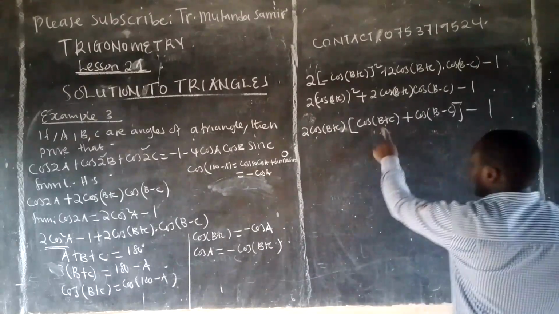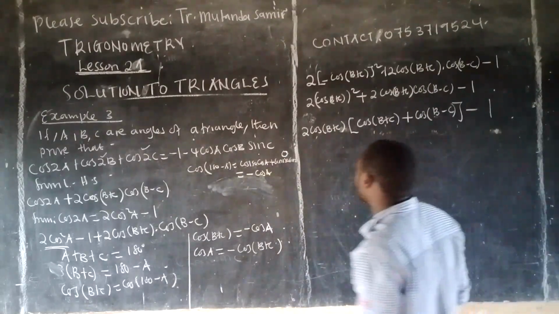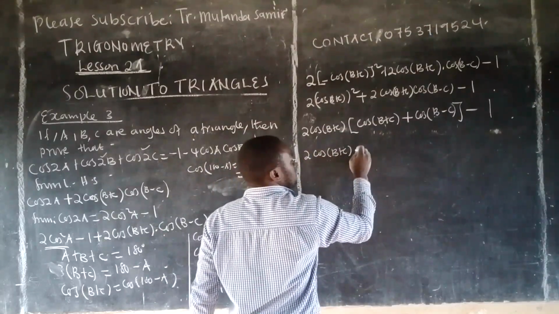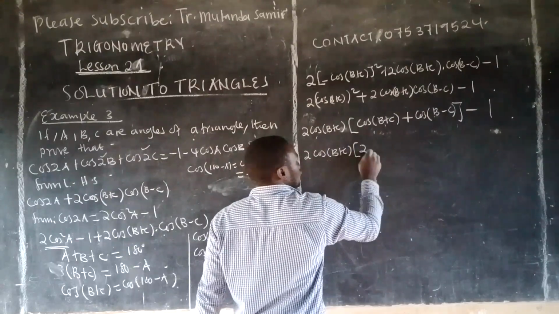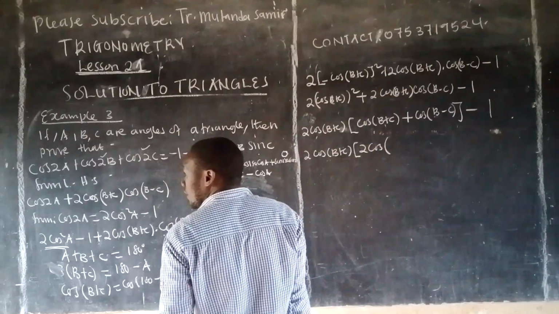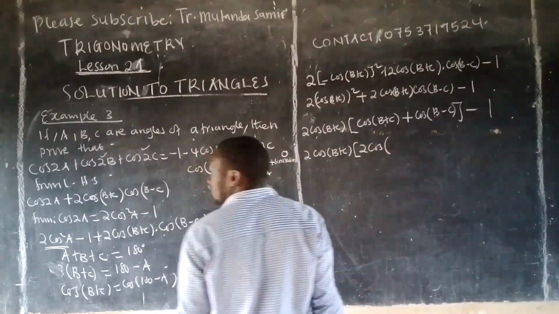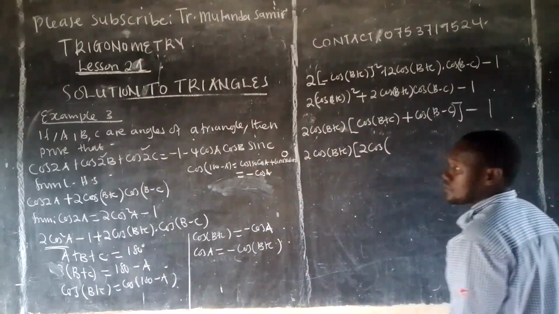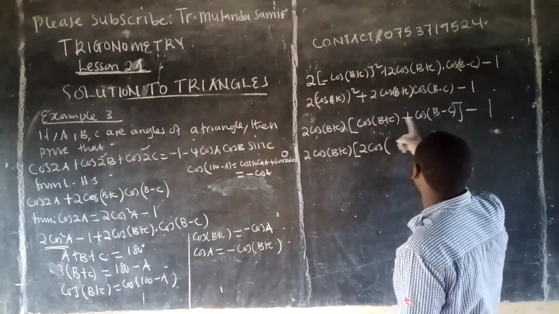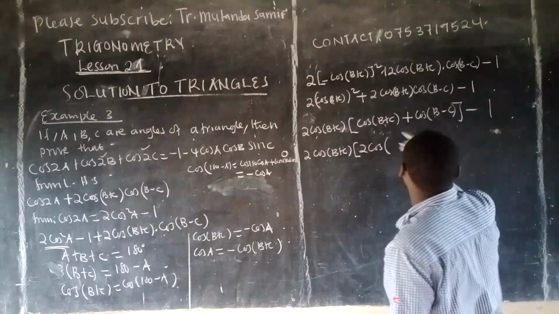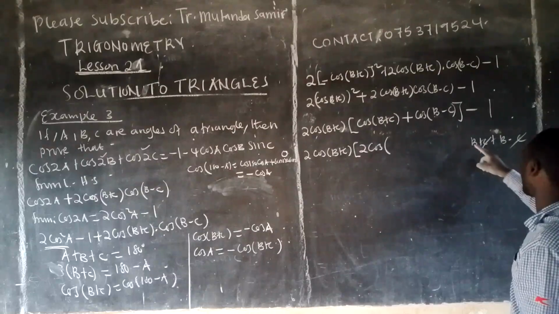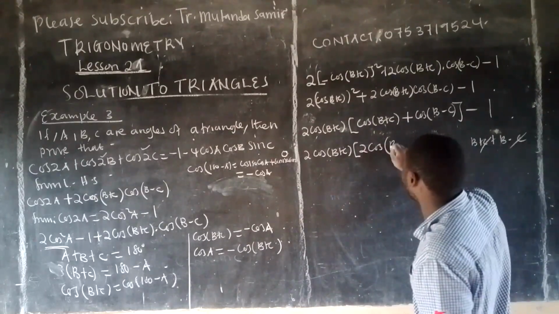So again here, apply the factor formula at this level. This will again be 2 cos b plus c, and apply the factor formula there. This will now be 2 cos: this plus this, b plus c plus b minus c, the c goes away, b plus b is 2b divided by 2, so we remain with only b.